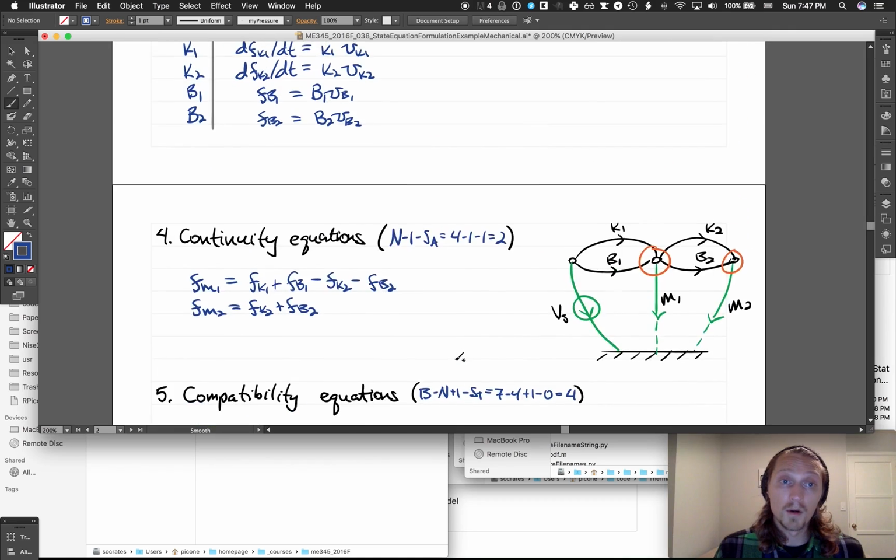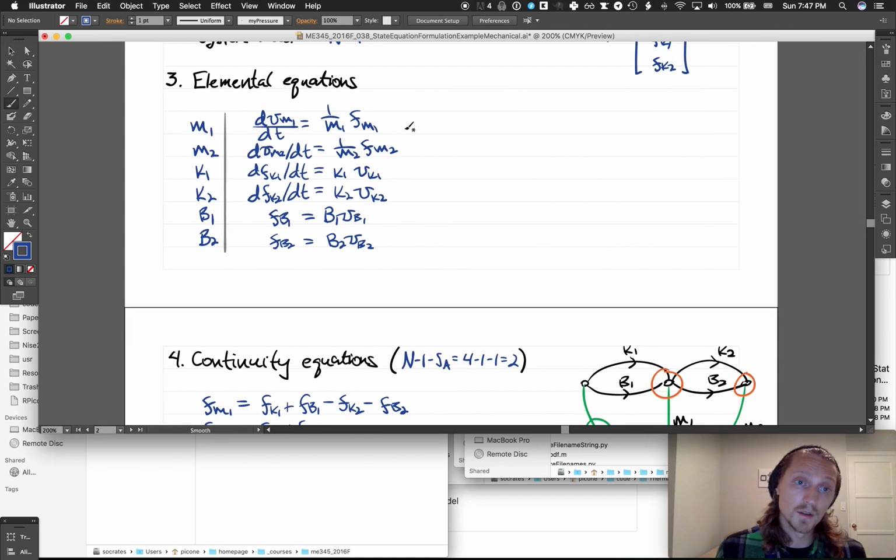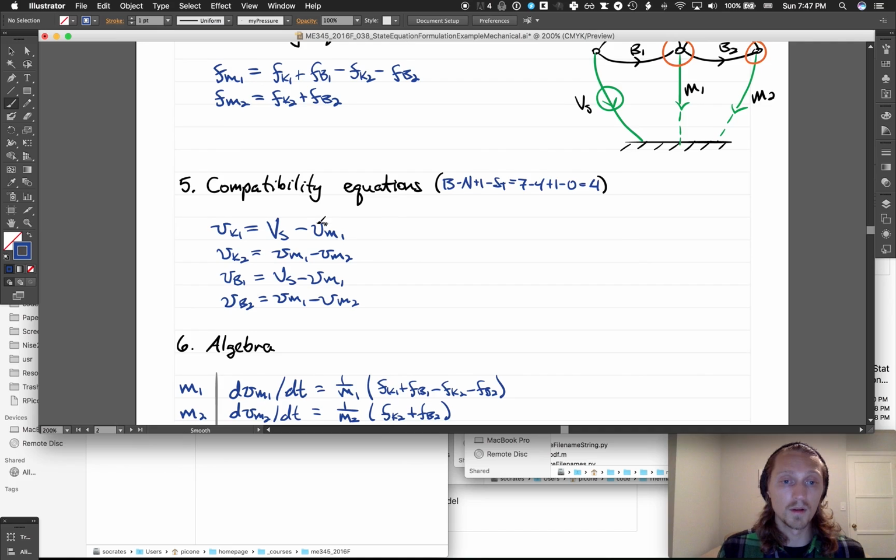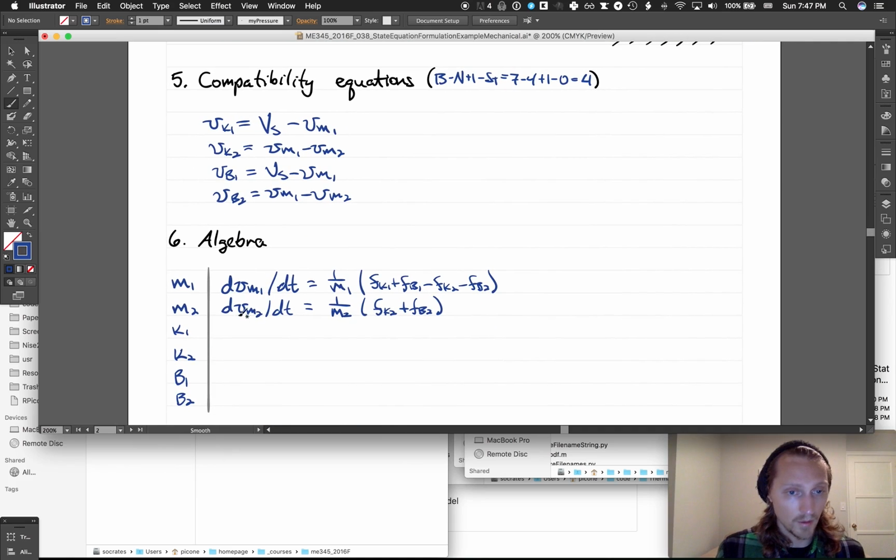Now we have our elemental equation for the spring 1, k1. So dFk1/dt equals k1 times vk1. But we have a compatibility equation for vk1, which is just vs minus vm1.